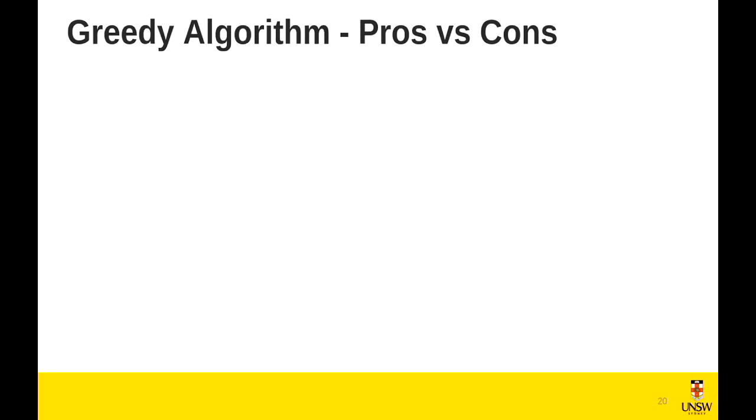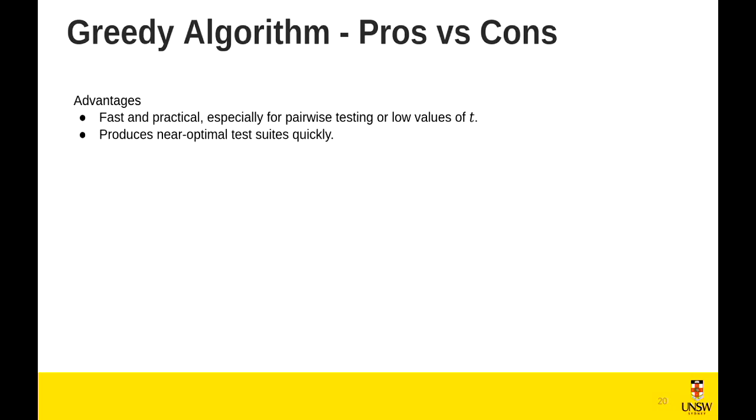However, as you can see, the greedy algorithm is actually very fast and practical. It's very simple to implement, and it can provide near optimal test suites quickly. But it's only near optimal, like many scenarios where you can use a greedy algorithm.